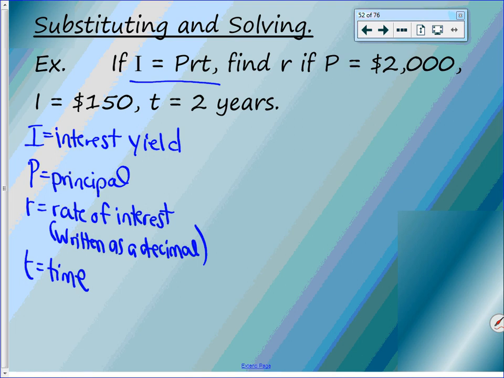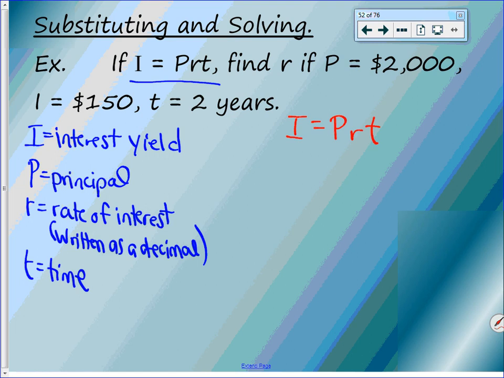So the way this works is you have a formula, I equals PRT. So I is the interest yield. So that's the money you make simply for having your money sit in the account, okay? You don't have to work, you don't have to go to McDonald's, you don't have to lifeguard, you just put your money in the bank and it will earn interest.